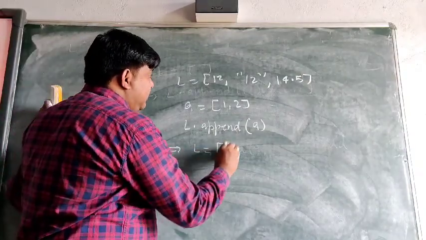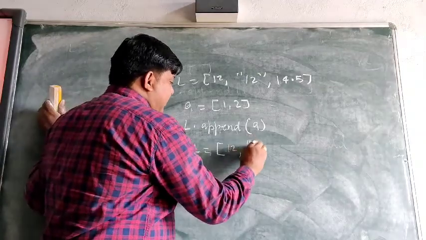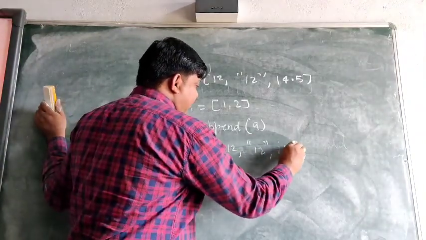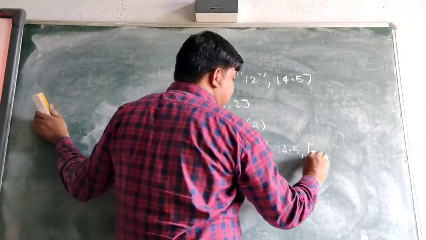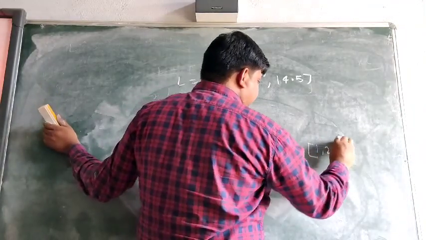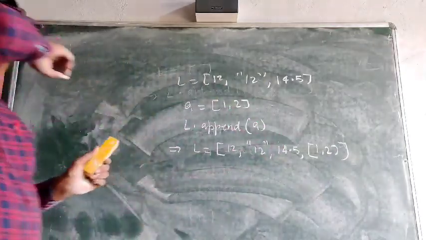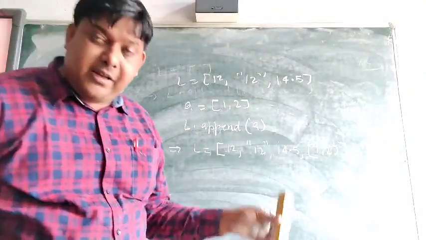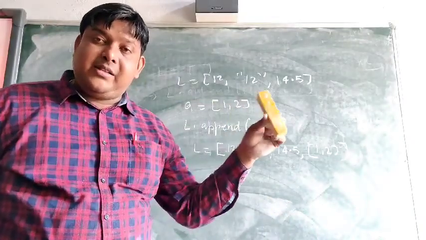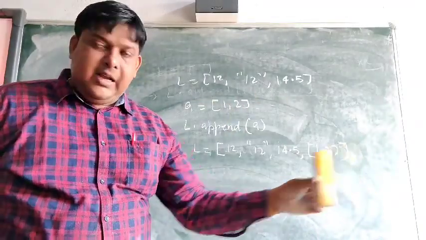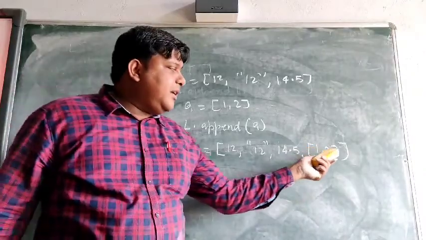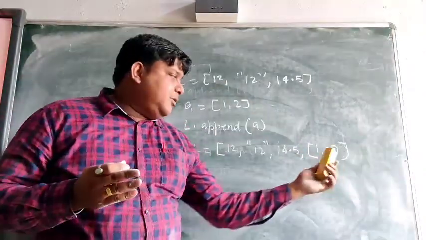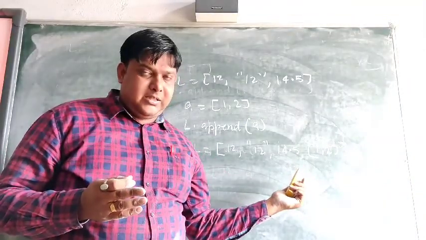Look here how. 12, double quotes 12, comma 14.5, and then another list will come, 1 comma 2. The append function will add the variable value as it is. Clear? It is not going to add a single element. If the variable is of list type, the list will be added into the list.